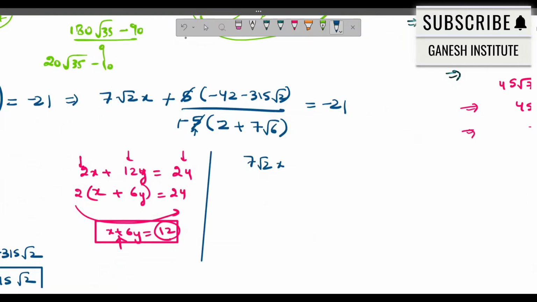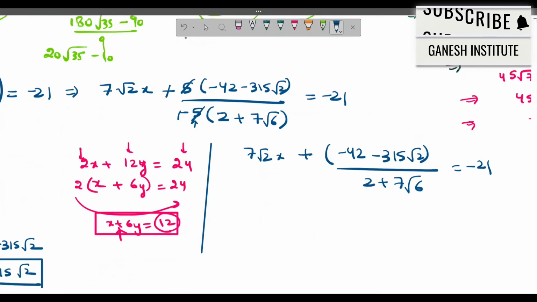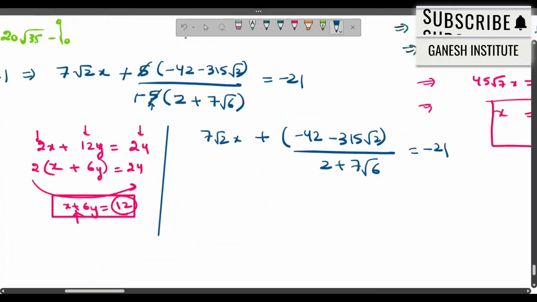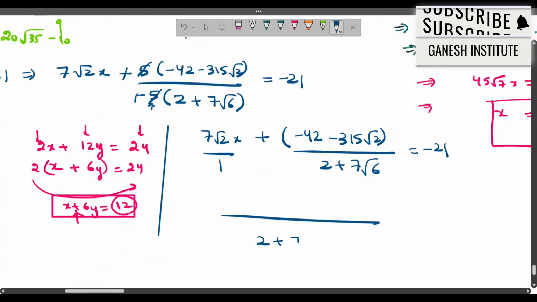7 root 2x plus, in fact, okay, let it be. So minus 42 minus 315 root 2 over 2 plus 7 root 6 equals minus 21, right? Yeah. Now I'll take the LCM. So what will I do?